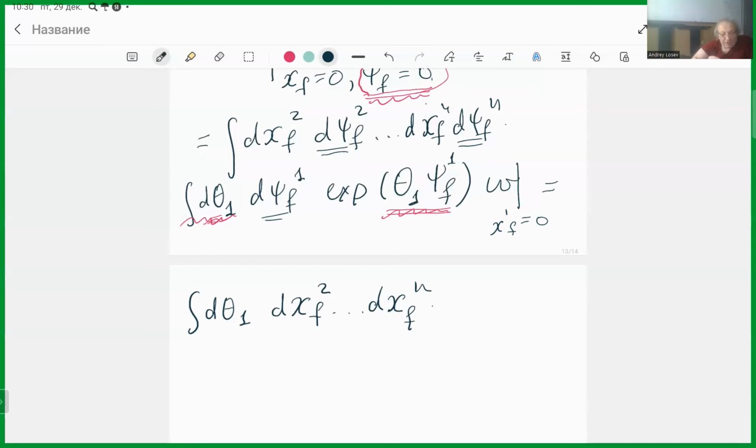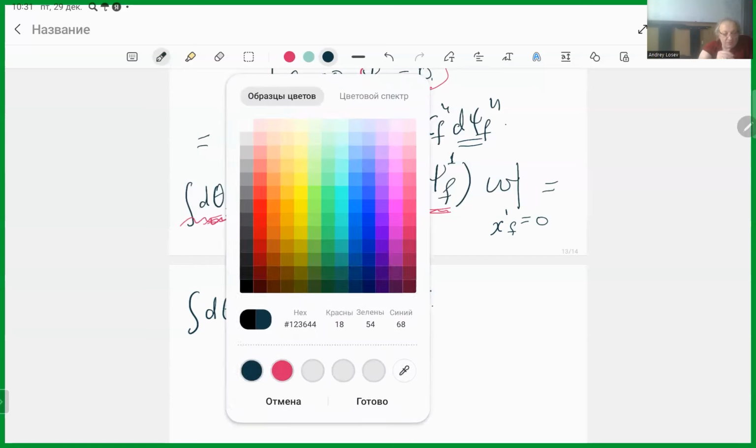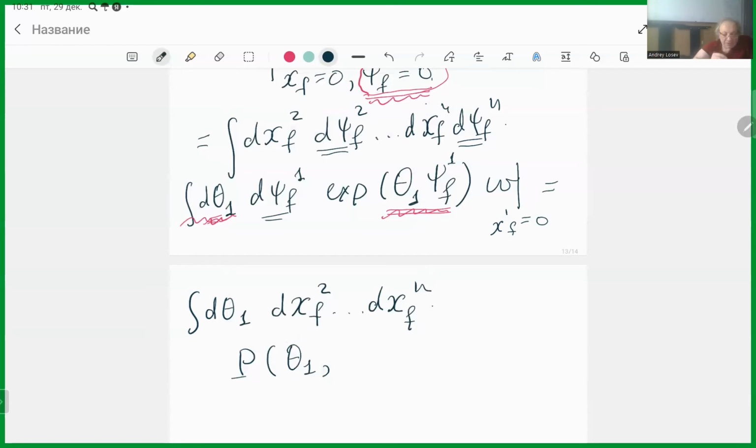What Fourier transformation? And here I have Pauli vector that depends on theta 1. Oh, I started with x's. So let me start with x so that you would not misinterpret it.